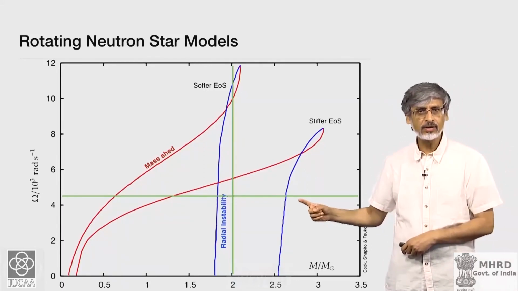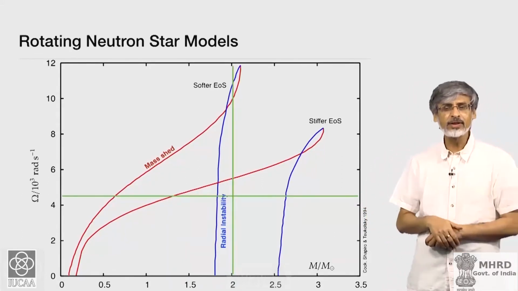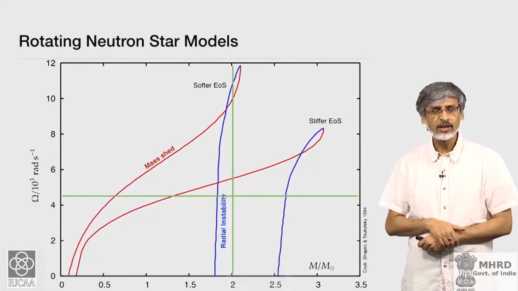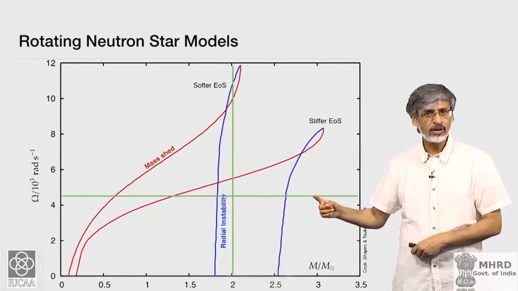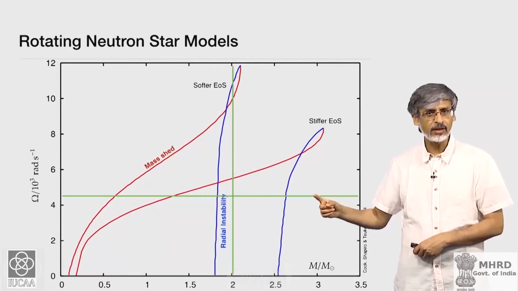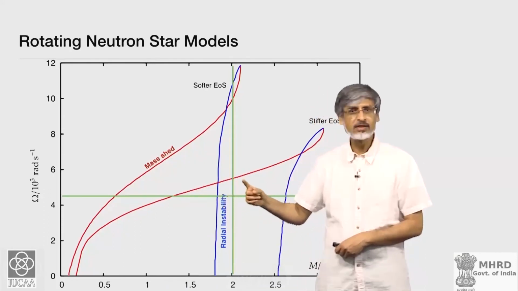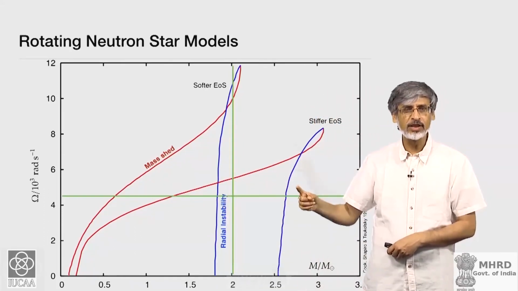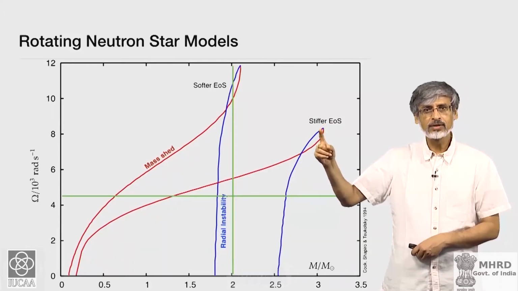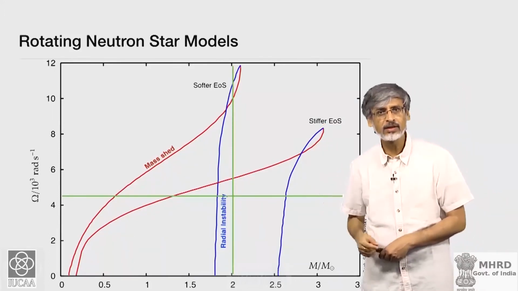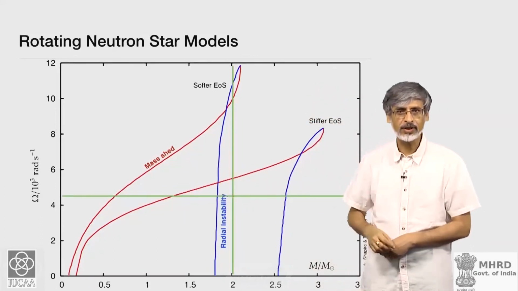This is not just the 716 hertz that I talked about, but there is indirect evidence of somewhat faster spins in some other neutron stars. So, even taking the very fastest value that we could possibly infer, we can see that it is still not a discriminatory number for whether it is a stiff equation of state or a soft equation of state.